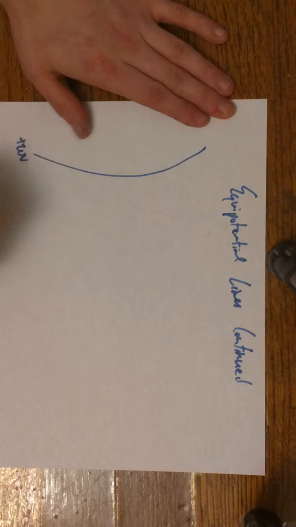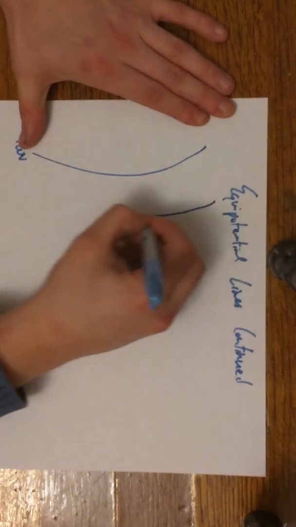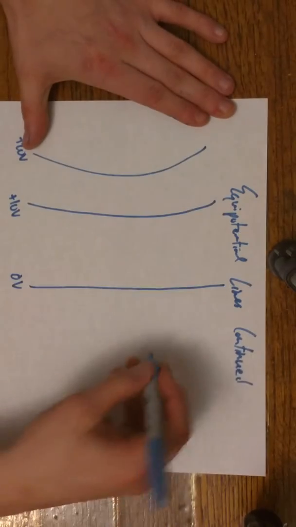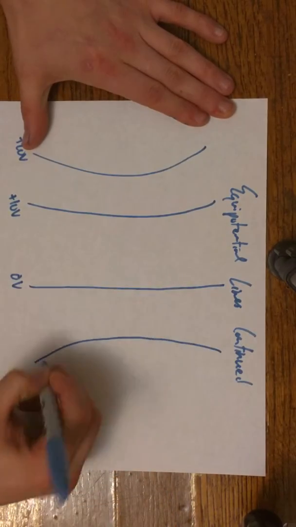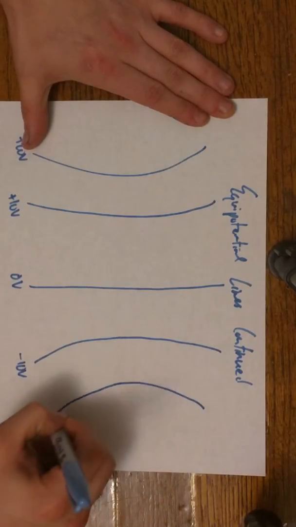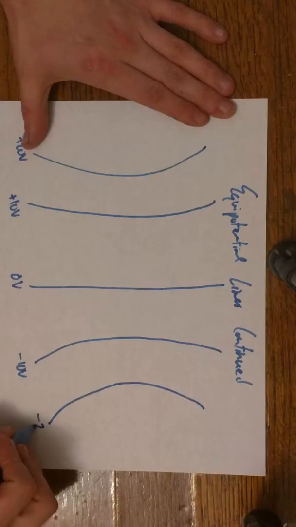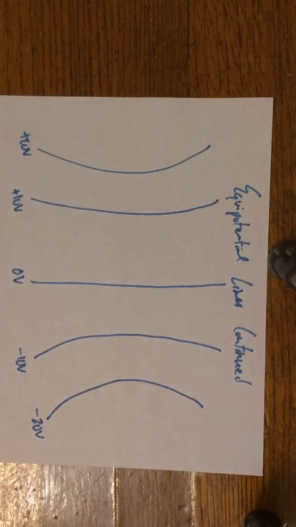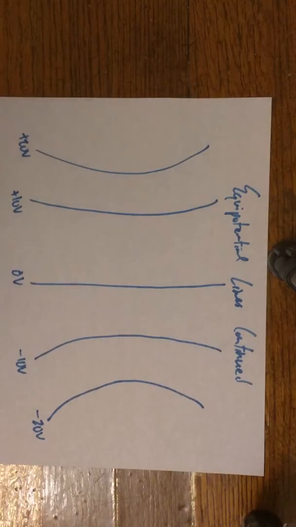Let's call this positive 20 volts, positive 10 volts, 0 volts, negative 10 volts. Remember that we are free to define what is our zero voltage and then go from there. So let's say that I have an arrangement where those are my equipotential lines.